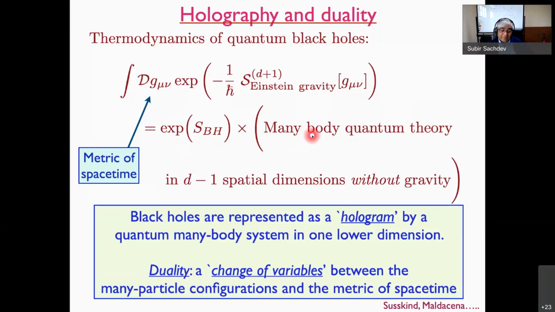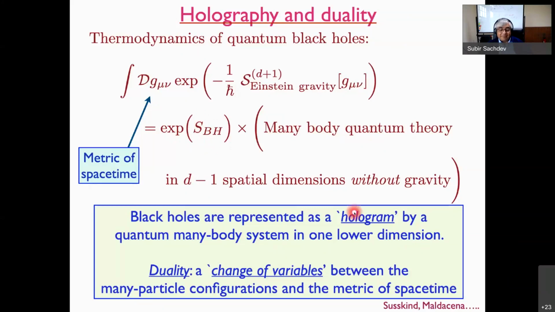And this system in one lower dimension is an ordinary quantum many-body system without gravity. And therefore, its entropy will be proportional to its volume, and that would then capture, I'm just doing total injustice to a very deep and profound idea, the fact that the entropy of the black hole is proportional to the area, and in fact give you a computation of the Bekenstein-Hawking entropy.